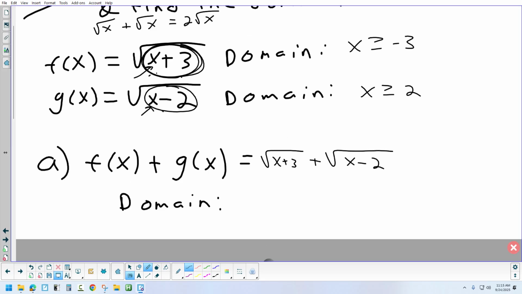So what I do sometimes is I make a picture of each of the original domains. So here's a number line. The domain of the top one is everything from -3 and up.